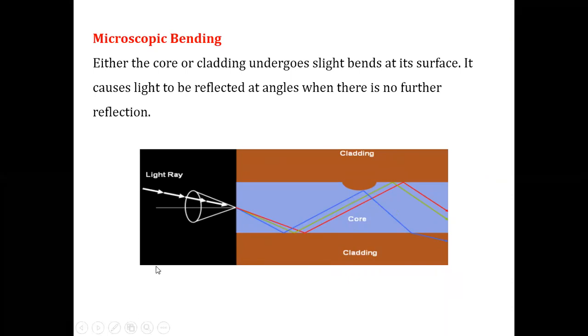Then let us summarize the losses. So here we have types of losses. One is absorption losses, another one is scattering losses, and another one is bending losses. So in today's class we have learned about the scattering losses and the bending losses.